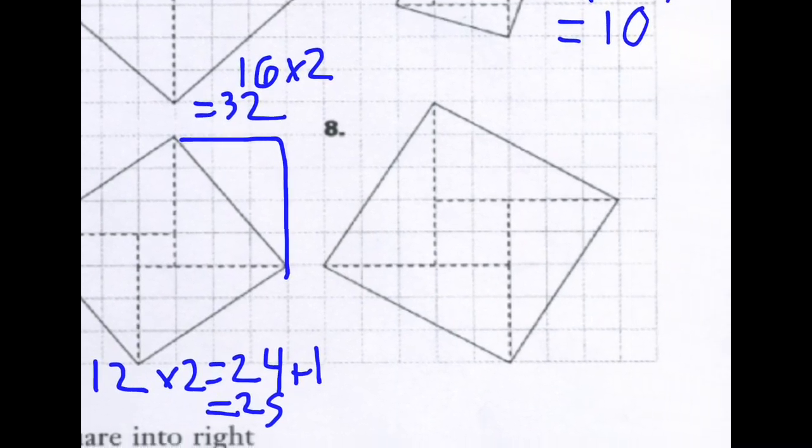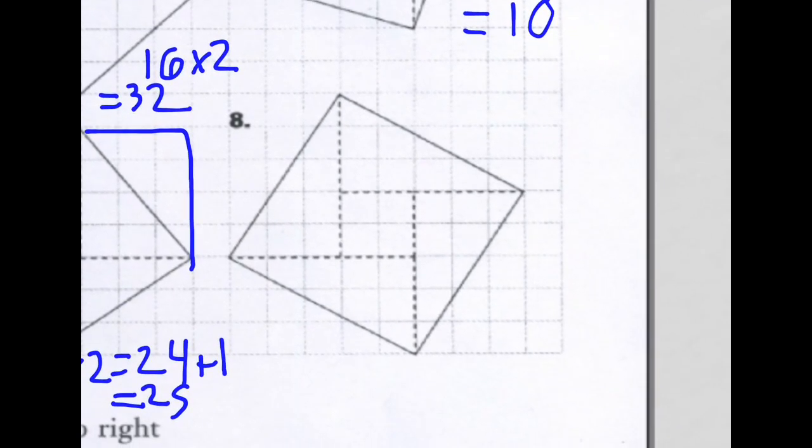Okay, last one. Again, this square has been divided into four right triangles. I'm going to take one of those right triangles and connect it on the hypotenuse, and I get a rectangle. So that rectangle I've made represents two of the triangles.